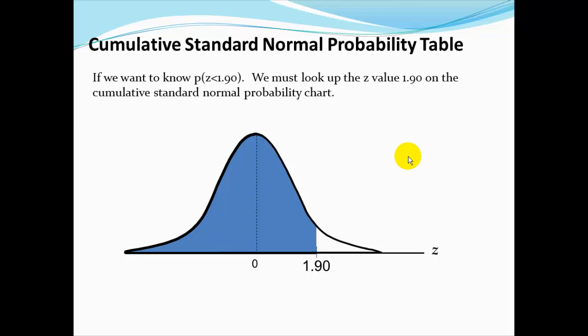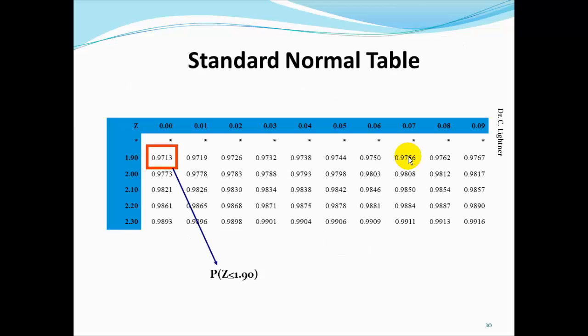If we want to know the probability that z is less than 1.90, if we look up the value 1.90 in our cumulative table, the chart will give us this exact probability. In order to look this up, we go to the row that matches the whole number and the number in our tenths place. So we go to the row for 1.9. Then we go to the column that matches whatever number we have in our hundredths position.